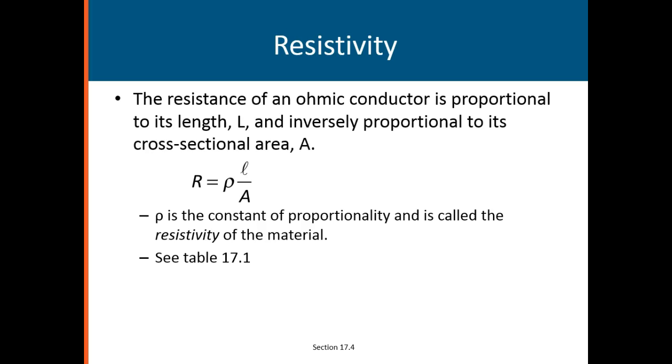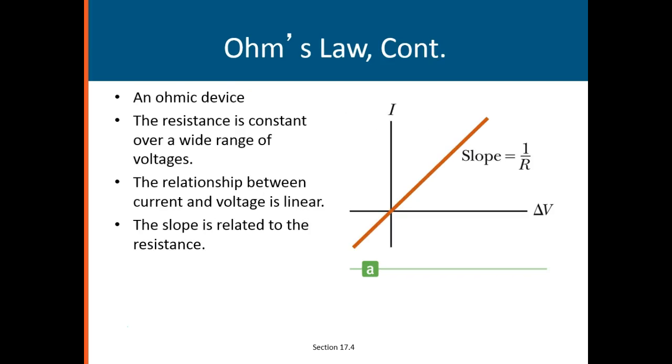Before we hit resistivity, let's do a couple, I think pretty quick, quizzes. In 17.9a, this one, does the resistance of the, oh, I'm sorry. They've got the wording badly here.